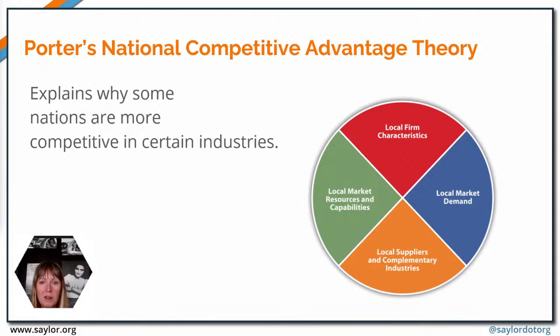So when we think about local market resources, think about things like raw materials, but also think about the workforce and the development of the workforce and the skills and abilities of the people in a particular area or a particular region that may be attractive in order to locate in a particular place.